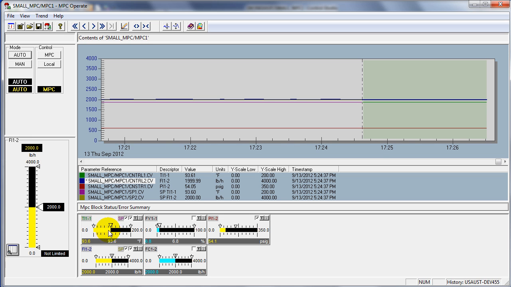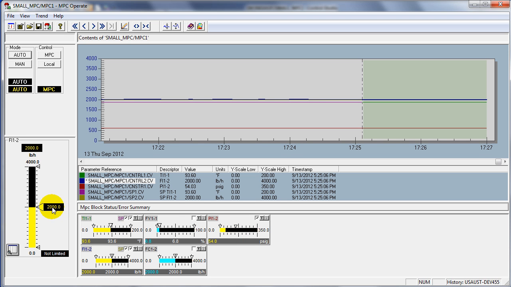Based on the configuration of the MPC block, the control parameters are shown automatically as small faceplates here. Also, our manipulated outputs are shown as small faceplates: the output to our splitter block and the output to the flow control, and our constraint on operation, the pressure, is also shown here.